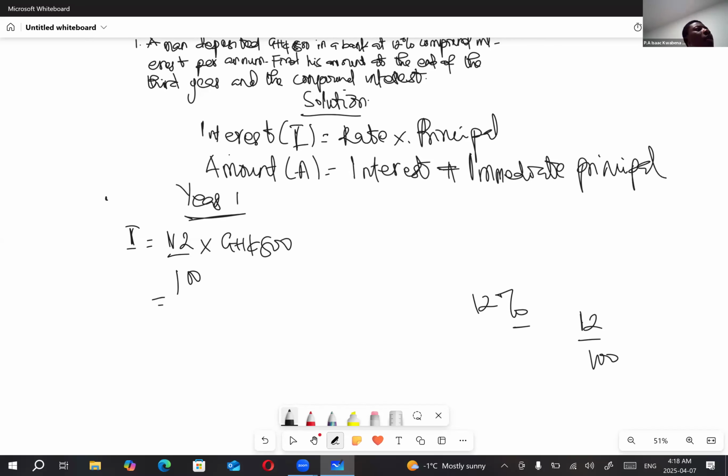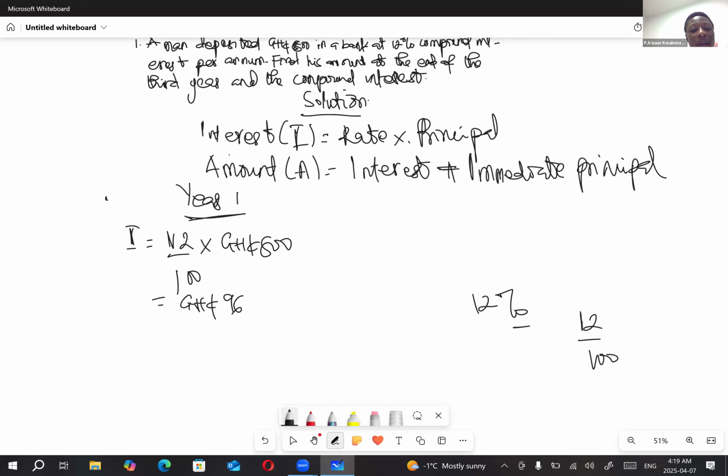So at the end of the day, what are you getting? It's an interactive class. What is the interest? 96 Ghana cedis. Yeah, 96 Ghana cedis. So he came in with 800 cedis. At the end of year one, he has 96 cedis as interest.